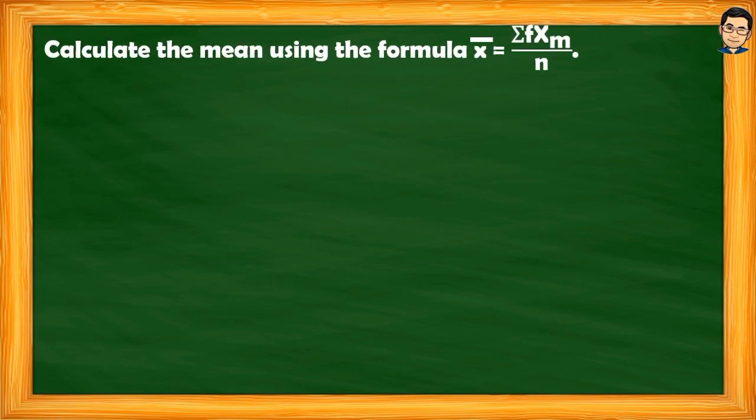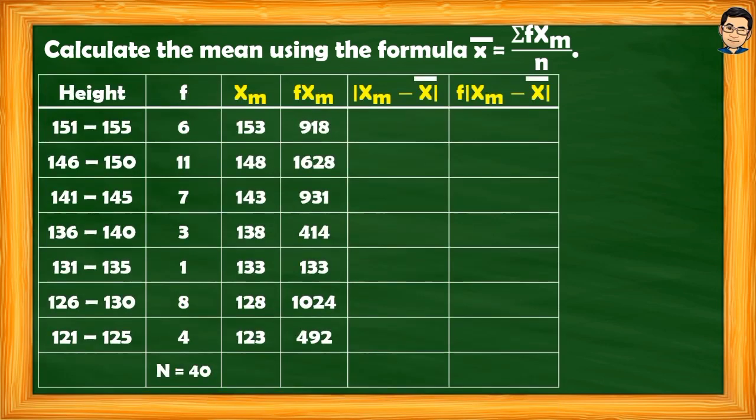So, next, calculate the mean using the formula. So, x bar, or that is mean, is equal to summation of the product of the frequency and the class mark all over n. Okay. So, sulat lang natin yung ating interval, which is 5. And then, yung summation na nakuha natin is 5,540.